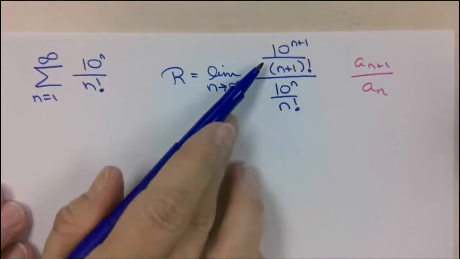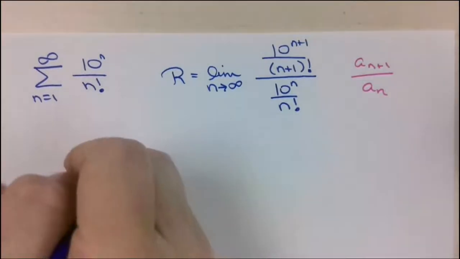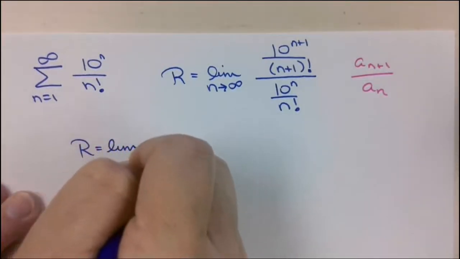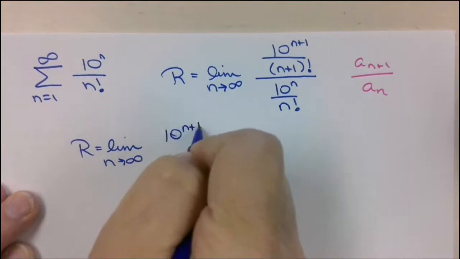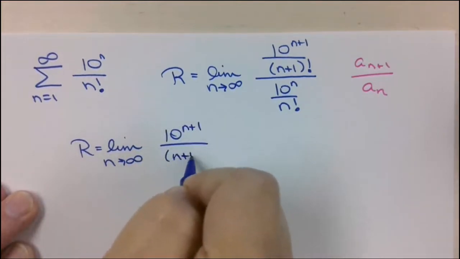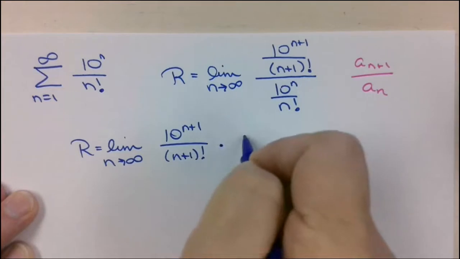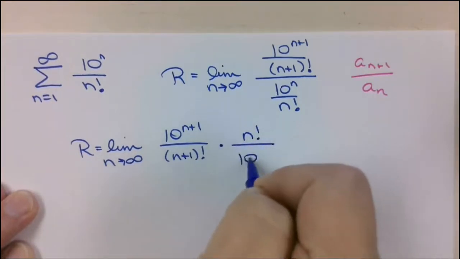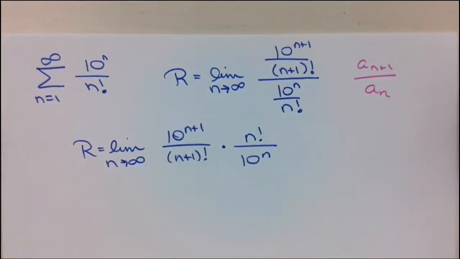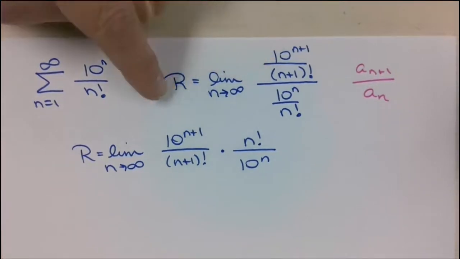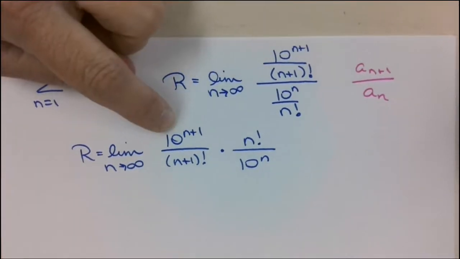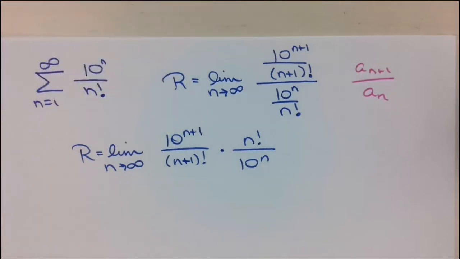Now, we are dividing fractions here, and so we're going to multiply by the reciprocal. And I will say in the future, if you want to skip writing out this step of the division and just go straight to multiplying by the reciprocal, that's totally fine.